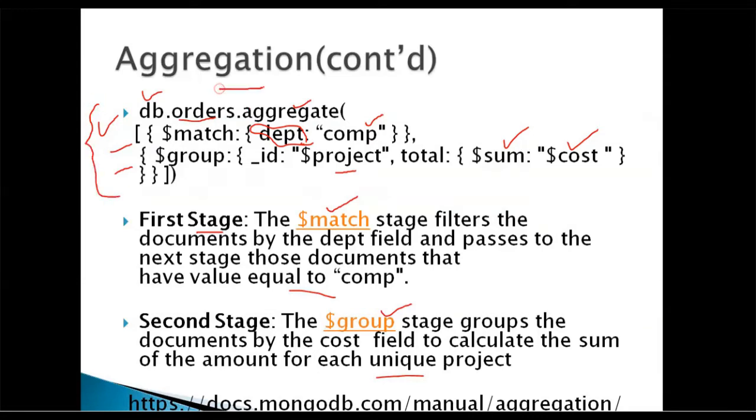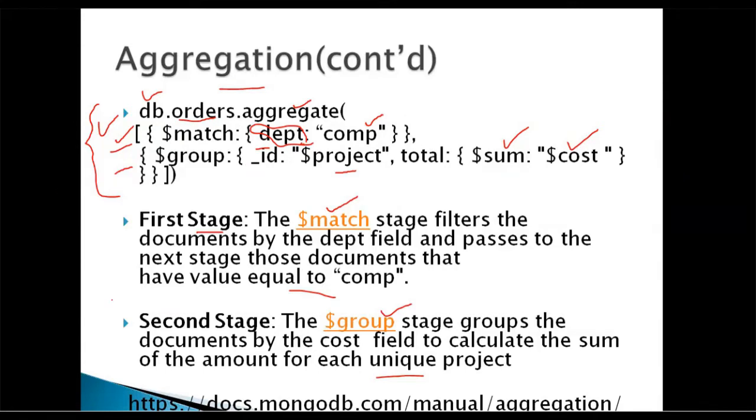It is a pipeline. The first stage is a filter which filters the documents in the collection based on the department value. Once you filter, it applies a second stage for grouping the documents based on a project.